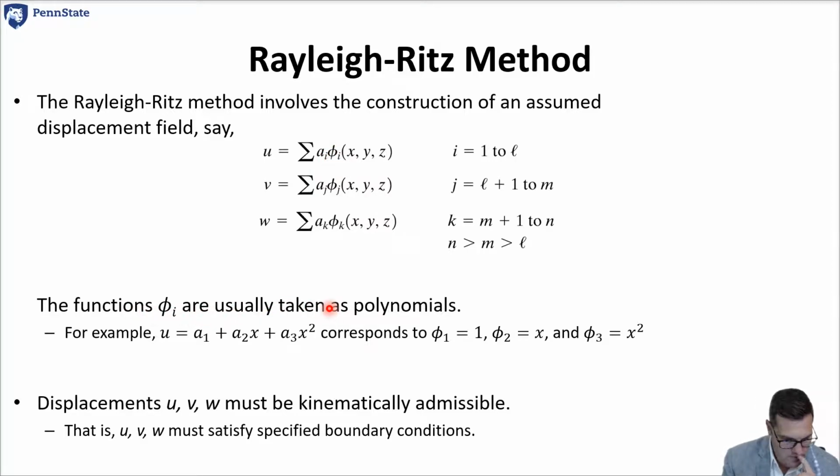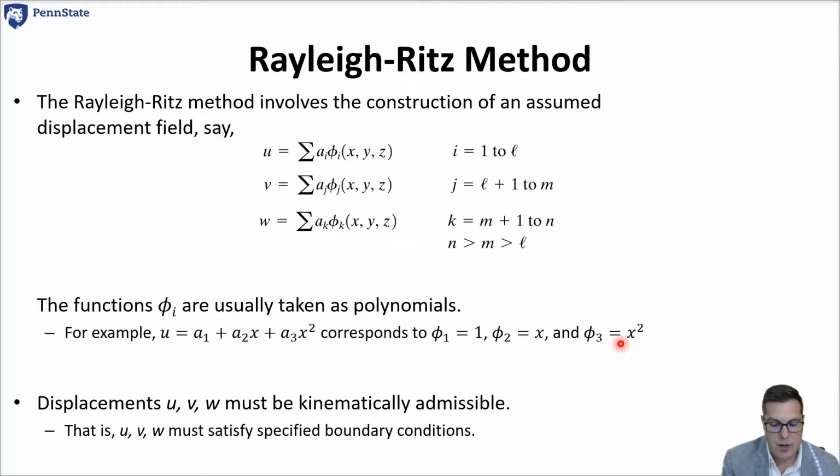So for example, you can have A1 plus A2x plus A3x squared, where phi1 would be 1 over here. We have phi2, so we have a plus sign here because of the summation sign. Phi2 is x, and that's here.